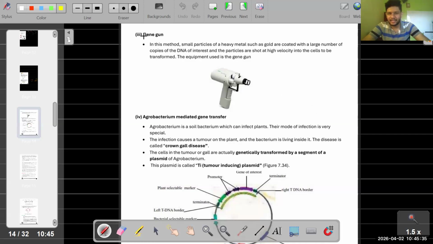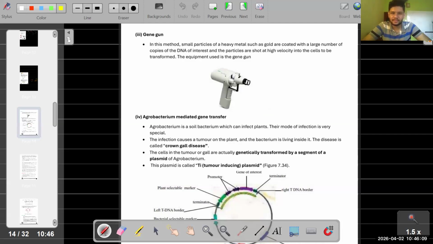Now when you read this, you can understand that they are saying heavy metals like gold are coated with large number of DNA of interest, and they are shot at high velocity into the cells, right? Which means you are thinking that this is a gun-like structure. Those bullets are being mixed with DNA of interest, and they are shot at high velocities. That is the thing, right?